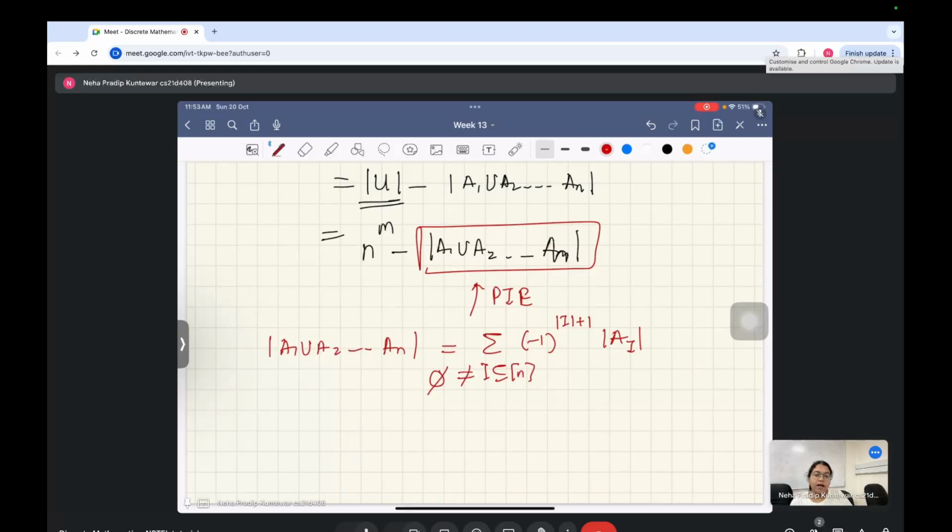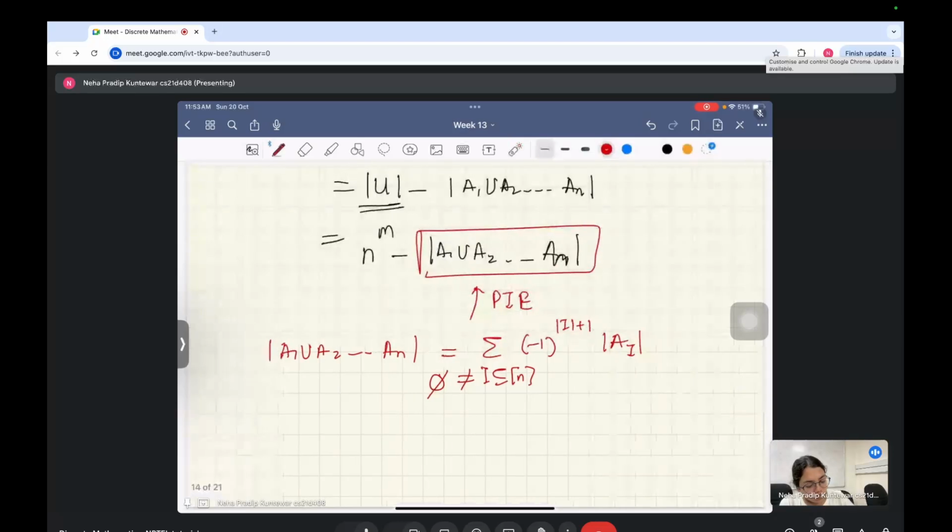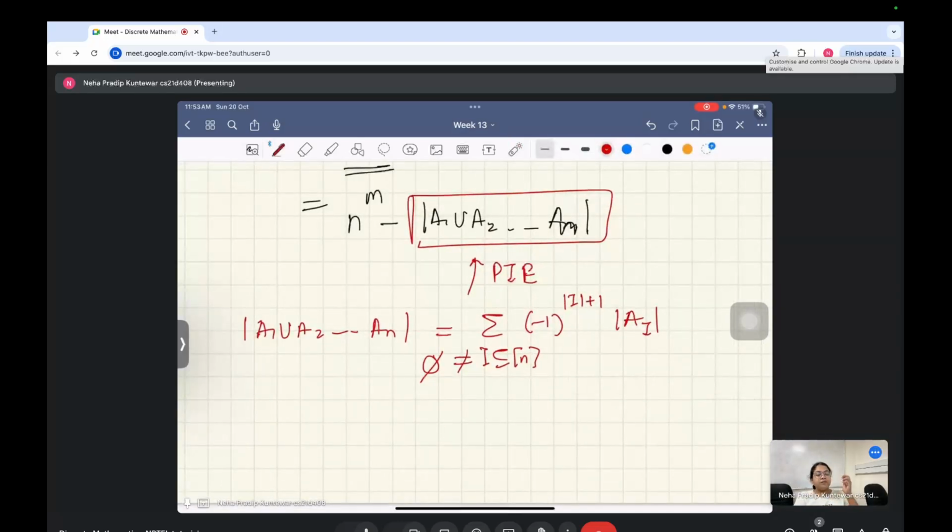Okay, and now what I need to do, in order to solve this, is find out the values of the a_I's for all the sets. So what does that mean?